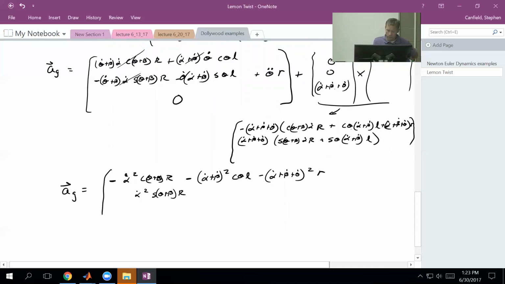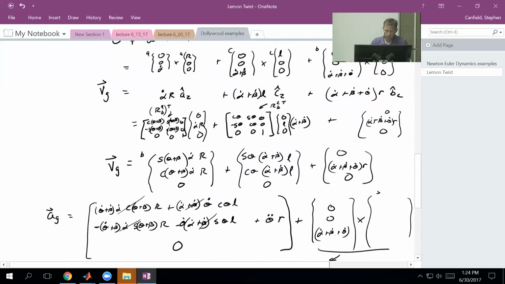That cancels. So I get an alpha dot plus beta dot squared sine theta L. And then finally, I get a theta double dot R, and then 0 in the Z. Okay, good. There's my acceleration.